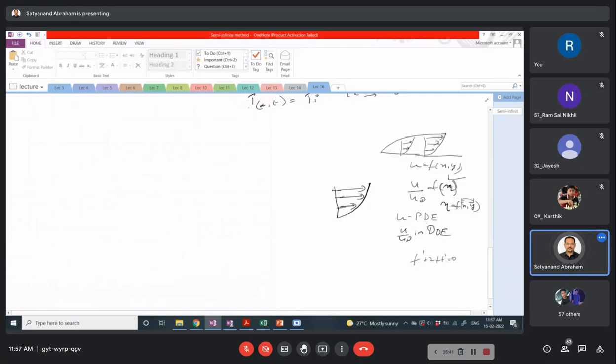There is no other variable because eta is a function of x and y. Say the velocity profile at 1, 2, and maybe 3. Everywhere you can combine it into a single velocity profile, u by u infinity, as a function of eta. Suppose you want the velocity profile at x equal to x1.